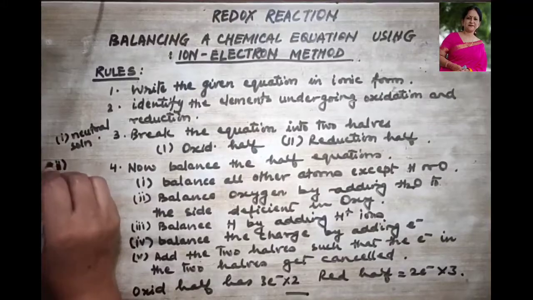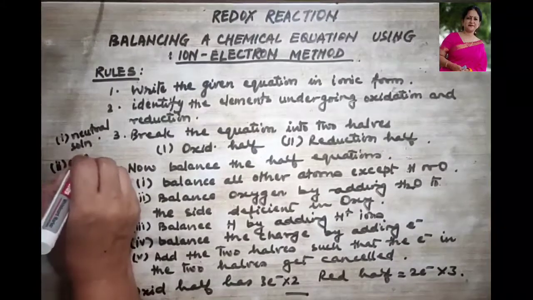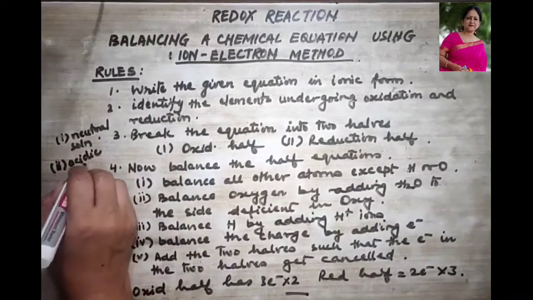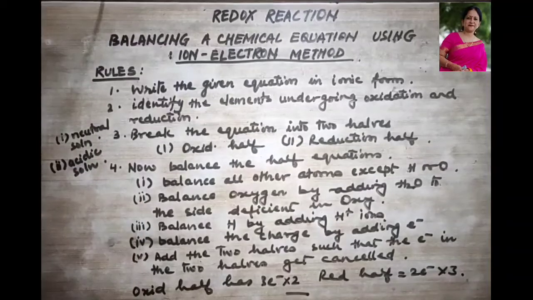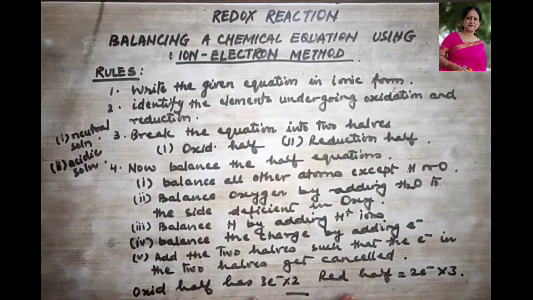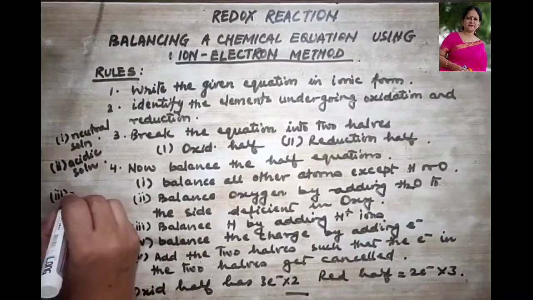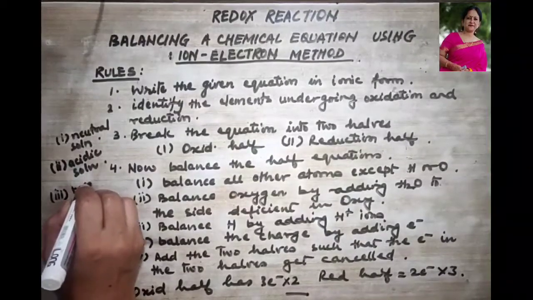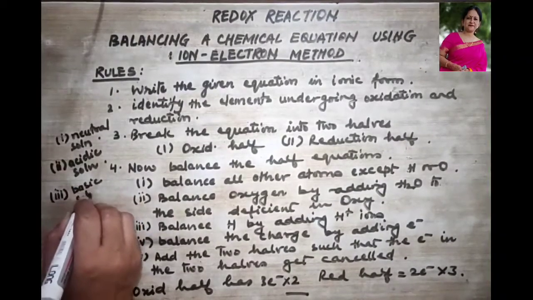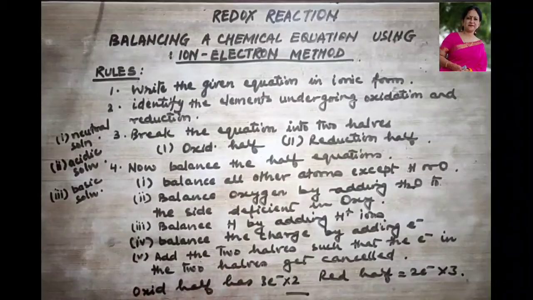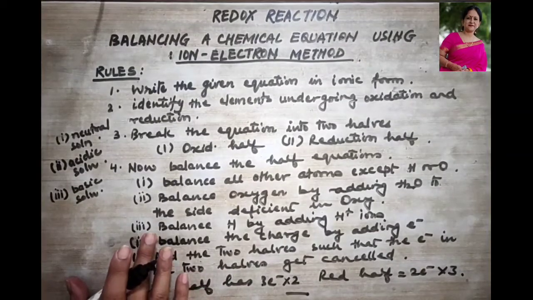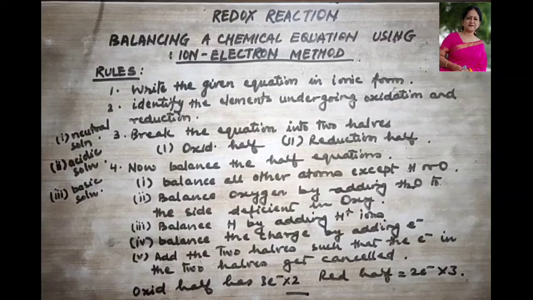Now, if your solution is neutral, then over here your equation is balanced. If your equation is in the acidic solution, then also over here your equation is balanced. But if your equation is in the basic solution, then we need to take one more step beyond this.